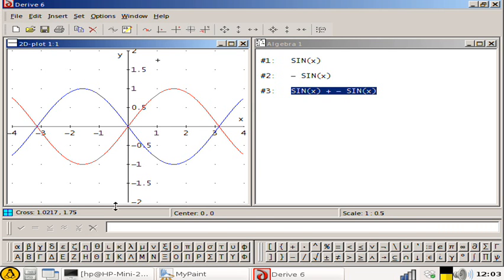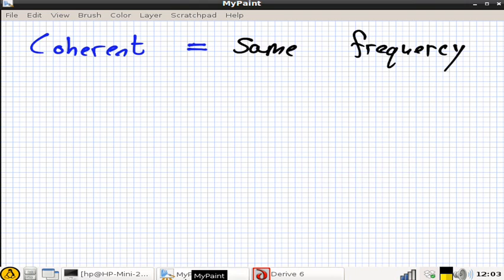Okay. So let's have a look at the graph now. So this explains exactly what I mean by principle of superposition. The principle is this. If I have two waves and I want the combined wave, it is mathematically the same thing as adding the two waves together.